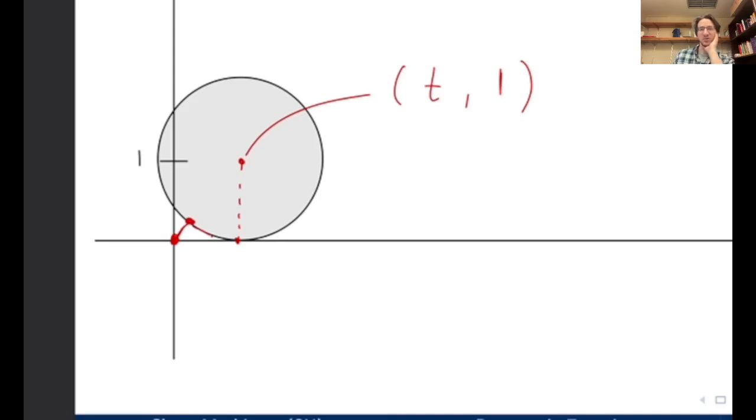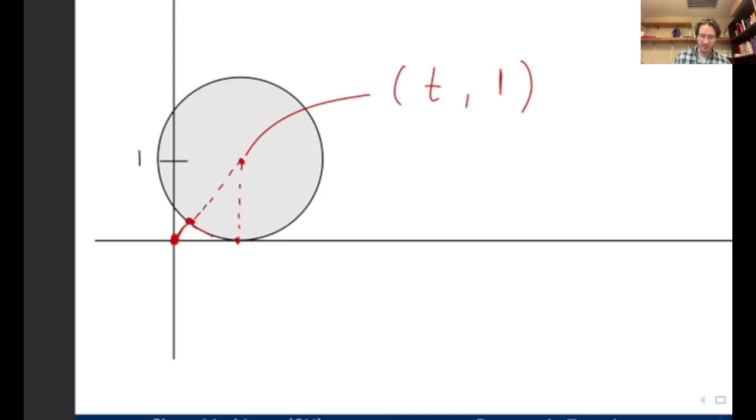So there's the center of the bike after t seconds.